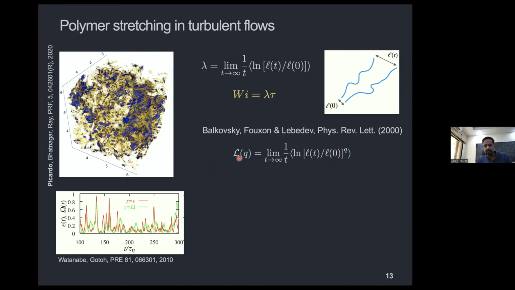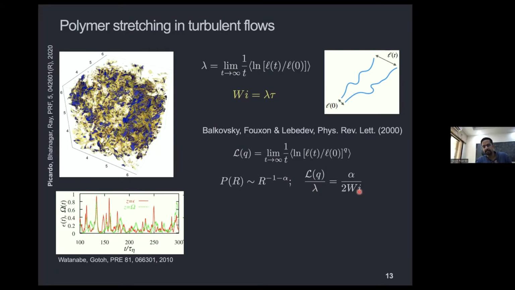And if you have these Lyapunov exponents for your given chaotic flow, then if you take a dumbbell, the simplest model for a polymer, you can show, as they showed, that the probability distribution has a power law tail, which goes as r to the -1 minus alpha. And this power law exponent alpha can be simply determined in terms of the generalized Lyapunov exponents. And of course, here this is the Lyapunov exponent, and this is the Weissenberg number.